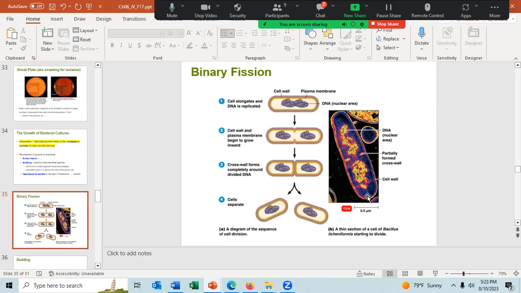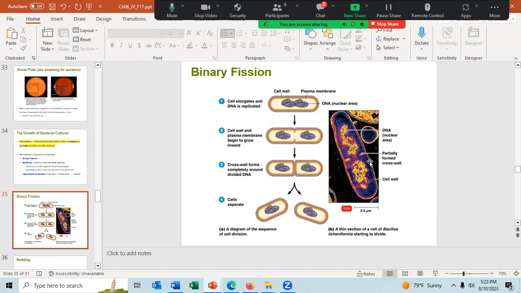All right, binary fission is shown here where the cell will replicate its chromosome, forming 2 DNA molecules, which will then move one DNA molecule to one side of the cell, the other to the other side of the cell, and then the cell literally splits down the middle. By literally, we mean that the cell does divide in 2, and it starts forming a cell membrane and a cell wall, which starts to divide the cell in 2.